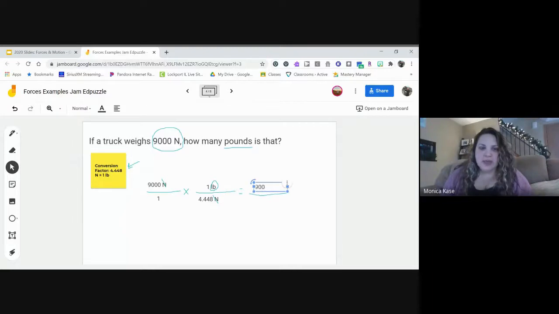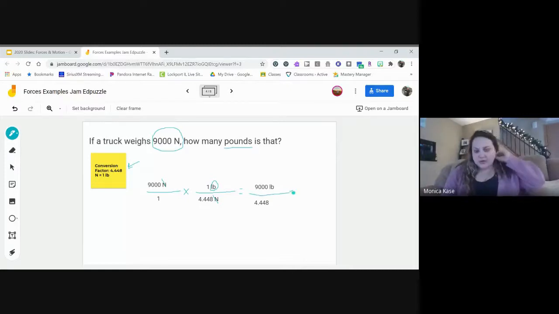Then we need to do some math. So we've got 9,000 times 1. So we've got 9,000 pounds on top. 1 times 4.448 on the bottom. Remember, no unit there. We've crossed that out already.